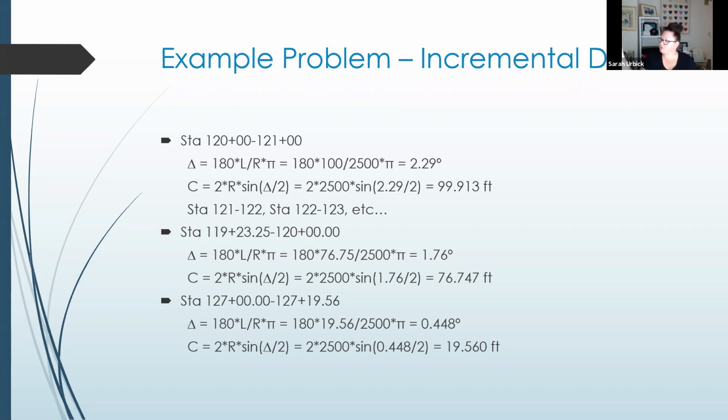What direction do I head? And how far do I go? And it's the same for 121 to 122, 122 to 123, 123 to 124. You get where I'm going with this.